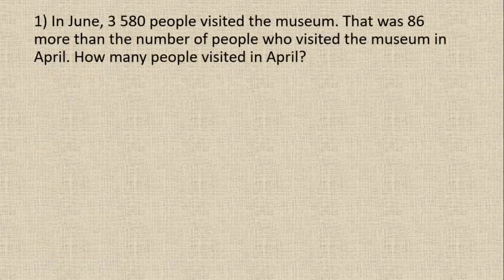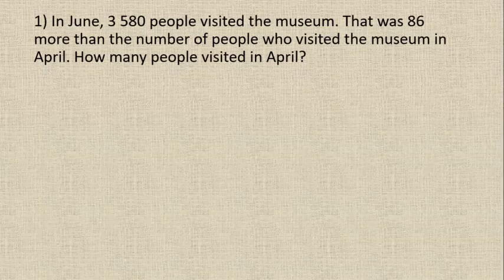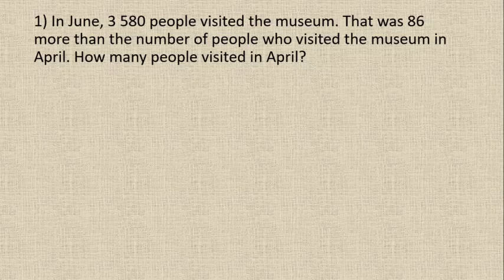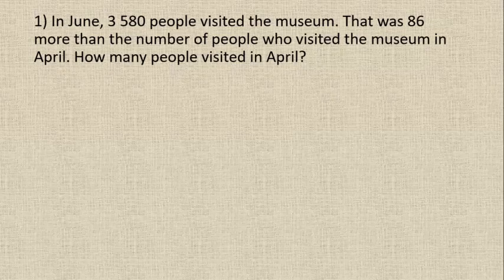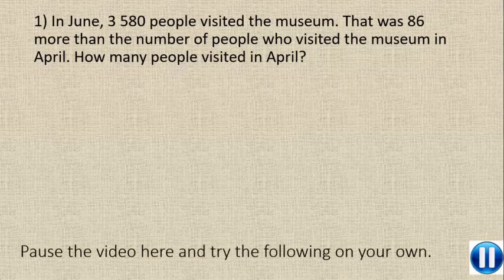Let's look at our first question, and I'll use this as an example. In June, 3,580 people visited the museum. That was 86 more than the number of people who visited the museum in April. How many people visited in April? So we now need to identify all the numbers, the dates, if that's important, and our question that's been asked.